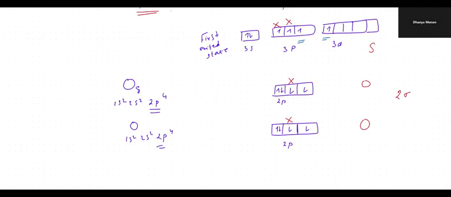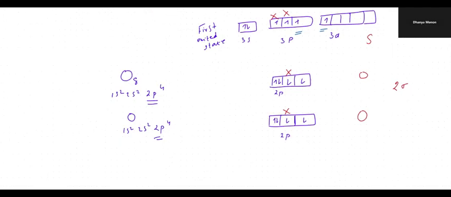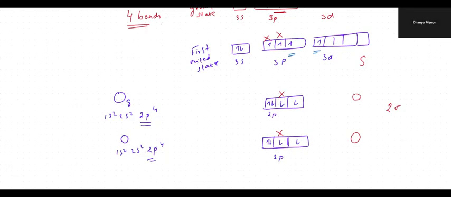Now, pi bond can be formed between 3p orbital. So I'm talking about pi bond now. So pi bond is formed between 3p orbitals of sulfur with 2p orbitals of oxygen.